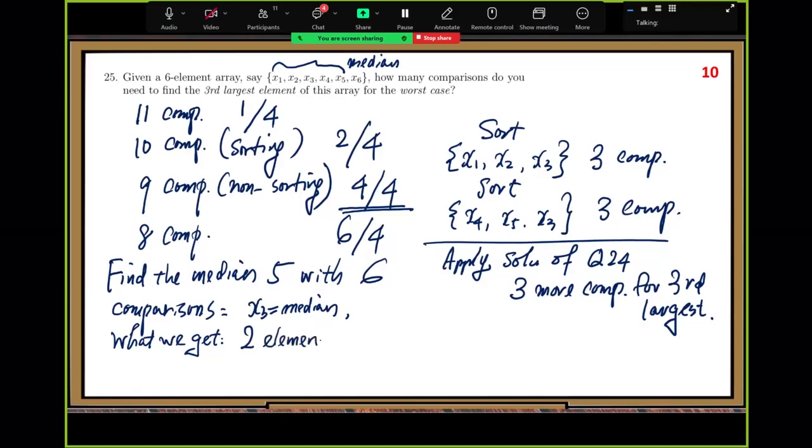We know 2 elements. Let me write a little more.